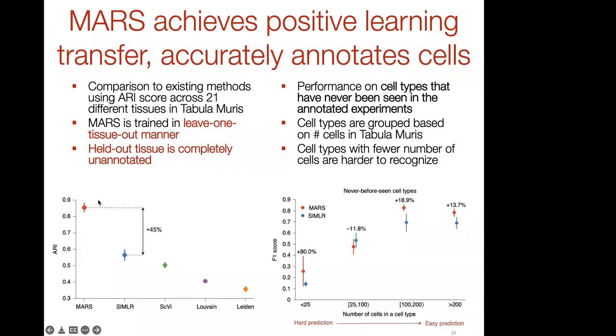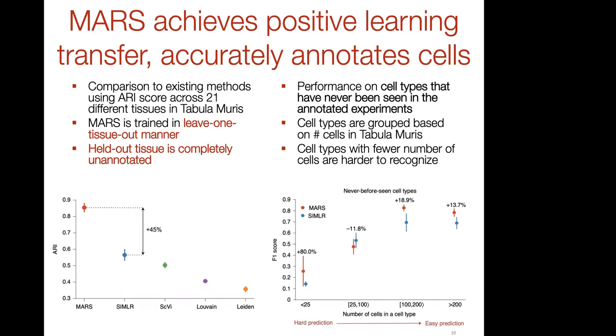I'm showing here on the left part of the slide a comparison of Mars to existing methods for cell type identification. These results are summarized across 21 tissues in Tabula Muris, which is a single cell effort at Chan Zuckerberg Biohub.